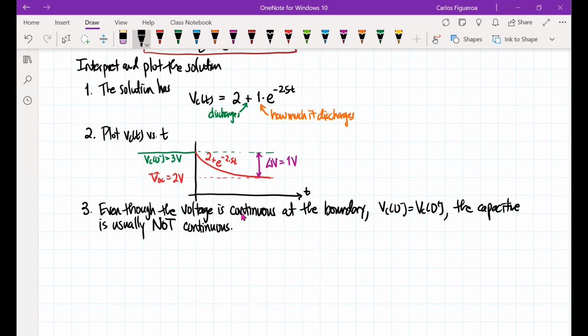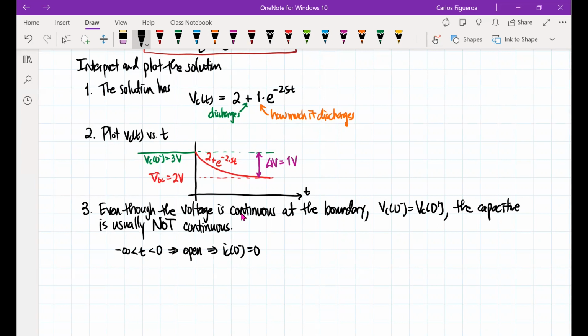In fact, we should see a discontinuity. So remember, from minus infinity to 0, the capacitor was an open, which immediately tells us that this is 0.